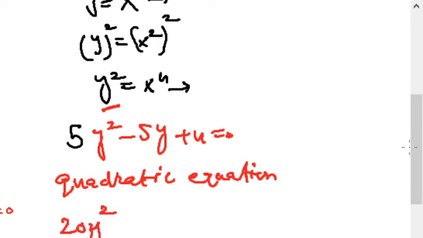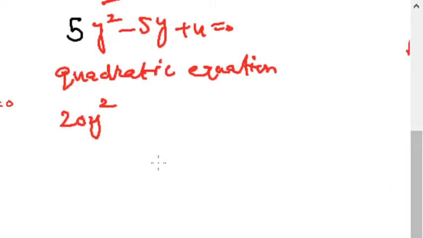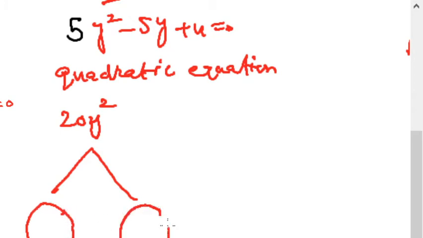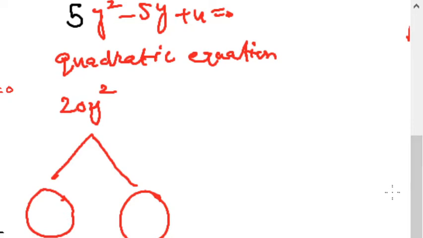Now I will search for two things which, when multiplied, give 20y square, but when added give minus 5y. What are those things? Come on, tell me.